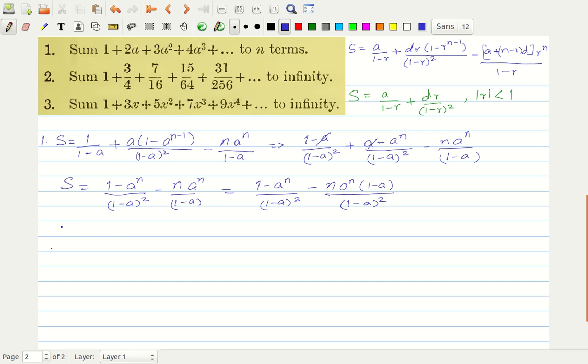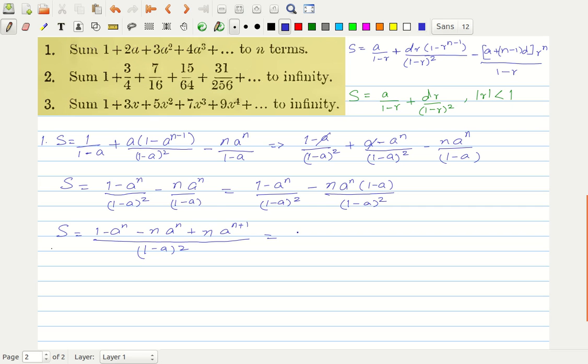So what you get is S is equal to 1 minus a to the power n minus n a to the power n minus, minus is positive, n a to the power n plus 1, divided by 1 minus a square.